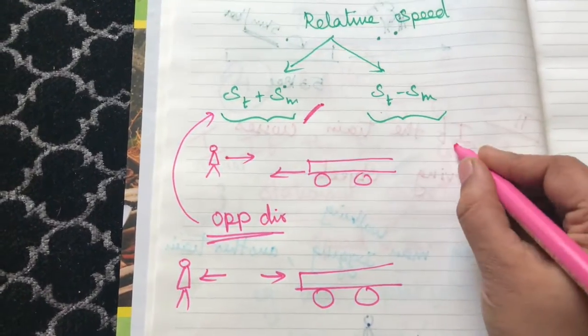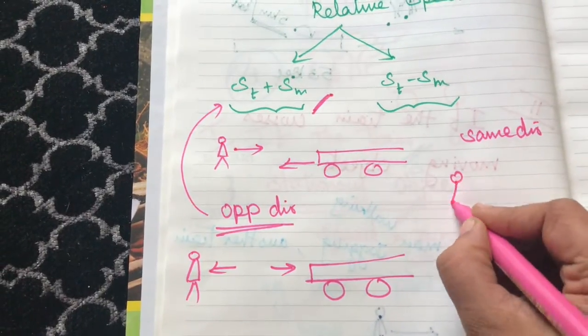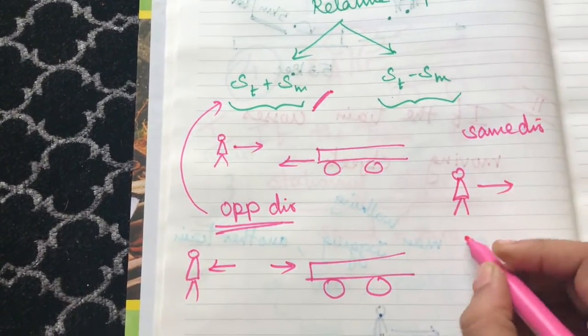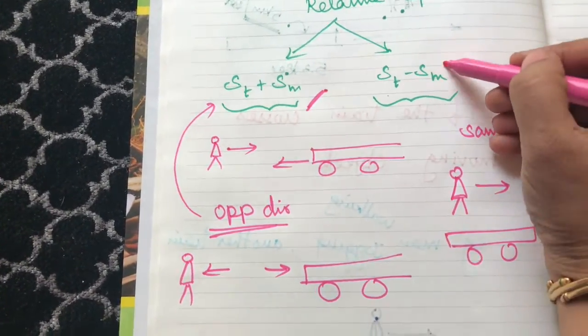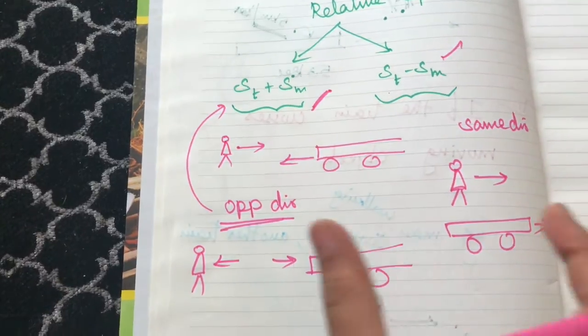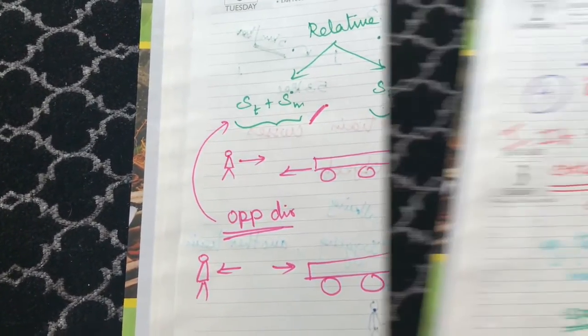Whereas for the same direction, if a man is walking in this direction and the train is also moving in the same direction, we can easily subtract. Just two things in relative speed.